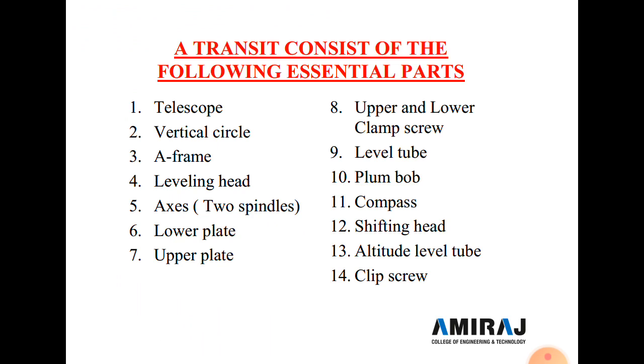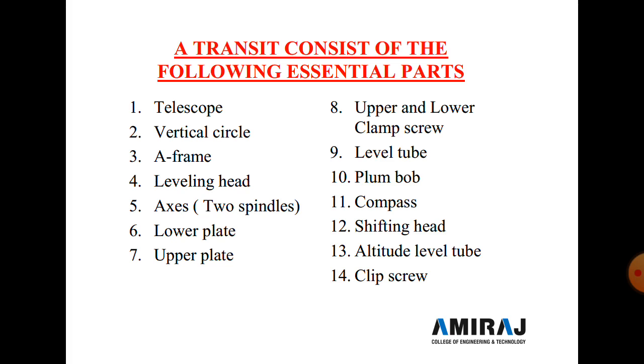The first one is the telescope, second is the vertical circle, third is the A-frame, fourth is the leveling head, fifth is the axis, means two spindles, sixth is the lower plate, seventh is the upper plate, eighth is the upper and lower clamp screw, ninth is the lower tube, tenth is the plumb bob, eleventh is the compass, twelfth is the shifting head, thirteenth is the altitude tube level, and fourteenth is the clip screw.